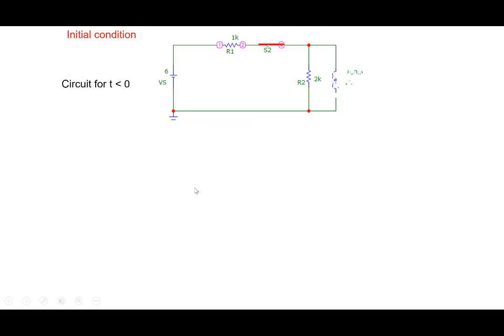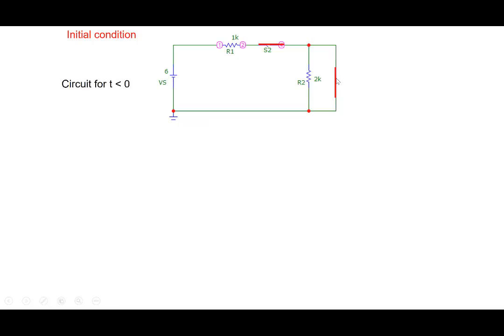So we go back to before the switch is opened. Before the switch is open, the switch is closed, and we said it has been closed for a long time. Long time means steady state, which means the inductor is a short. So we short it, and we need to find the current through the inductor.